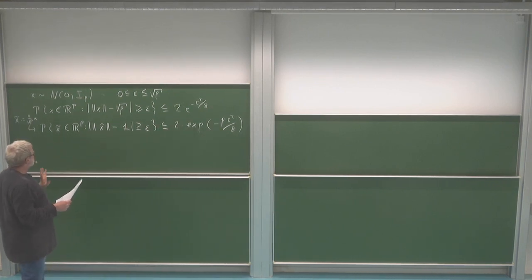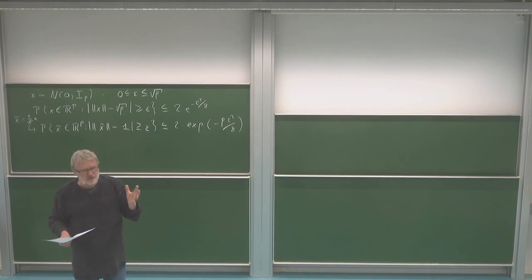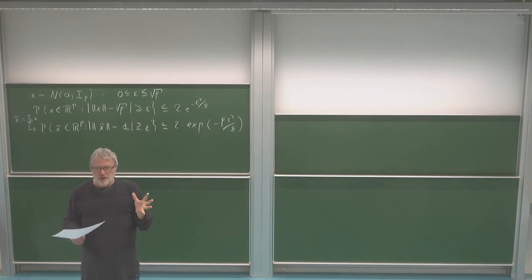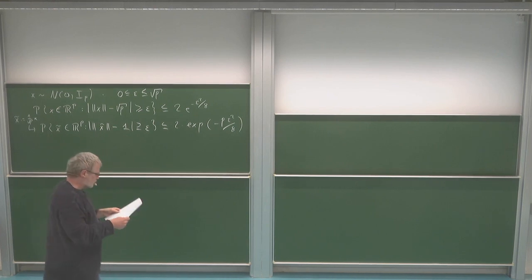Good. Okay, so I already started to prove this, and the first, trivial step was that instead of doing something for the norm of x, we wanted to do this in terms of x squared, because x squared is really the sum of independent things, and that's what we can control.